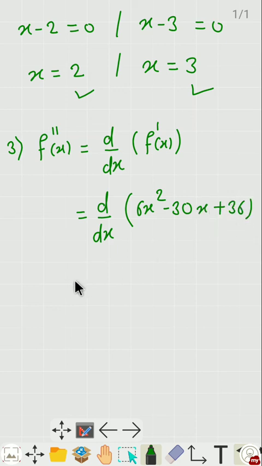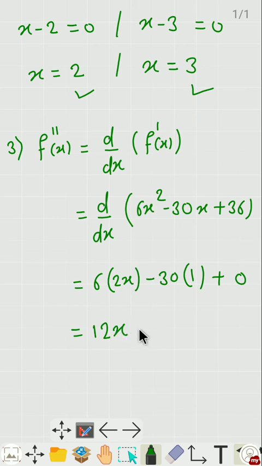And it is equal to 6 times x square, so the derivative of 6 stays as it is, the derivative of x square is 2x, minus 30 is constant, the derivative of x is 1, plus the derivative of 36 is 0, because 36 is only a constant. Okay, it is 12 times x minus 30. So this is our f double dash of x.